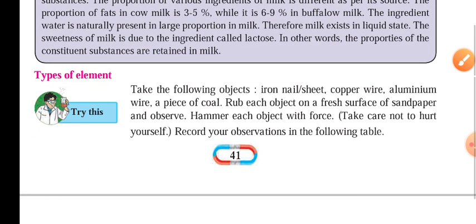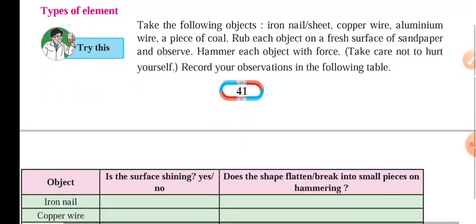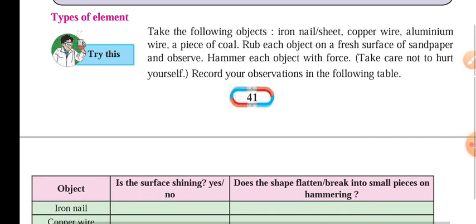Next we have the types of elements. Elements can be divided into different categories. The major categories are metal and non-metal, and the third one is metalloid. Metal and non-metal are the major classification of the elements.